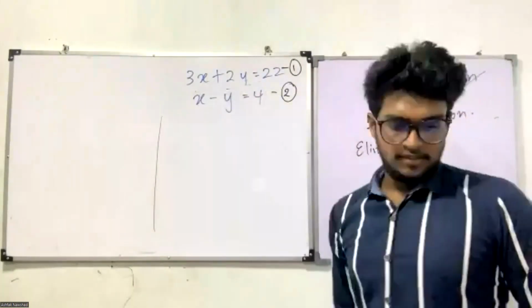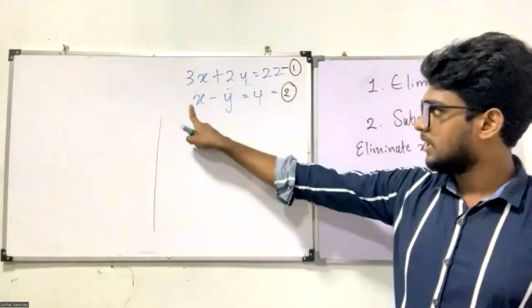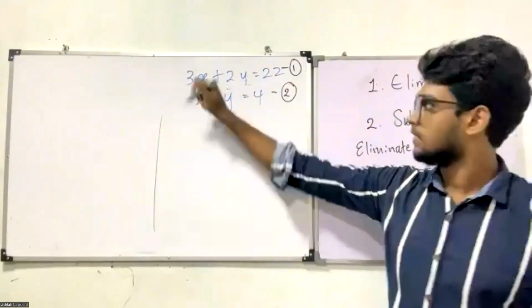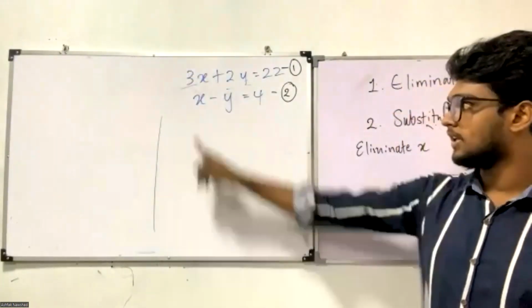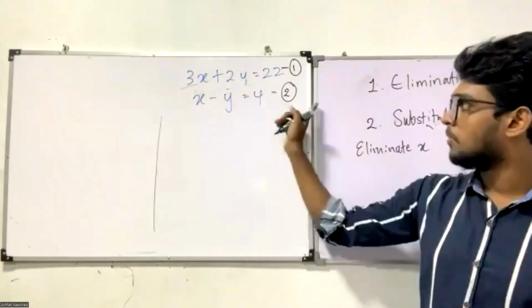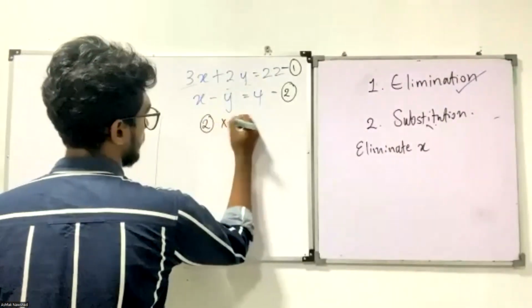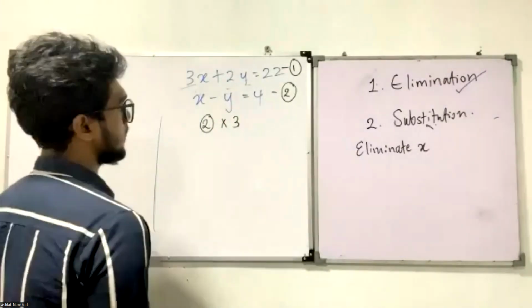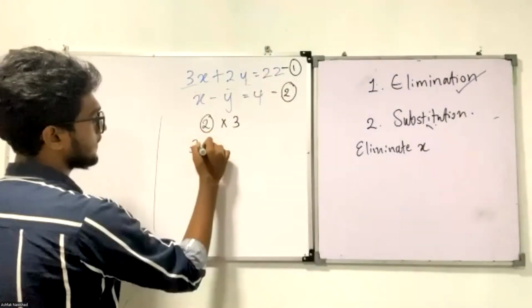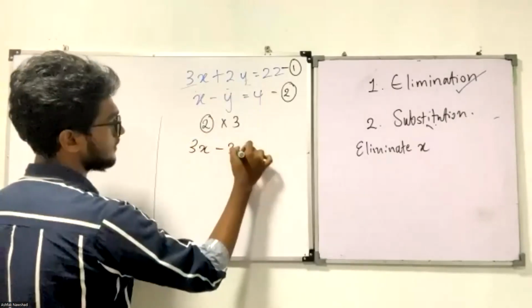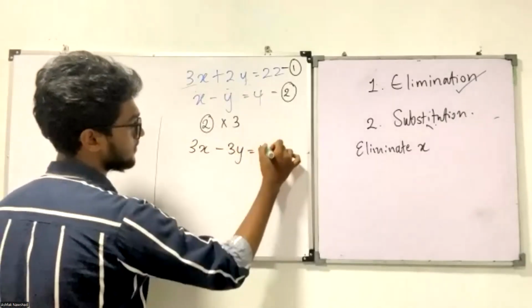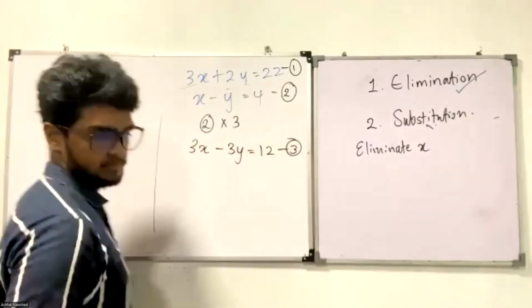In order to eliminate x, I must make this coefficient 3, because the x coefficient is 3 here. So I'm going to multiply the second equation by 3. When multiplying the second equation by 3, I'm left with 3x minus 3y equals 3 times 4, which is 12. This is our third equation.